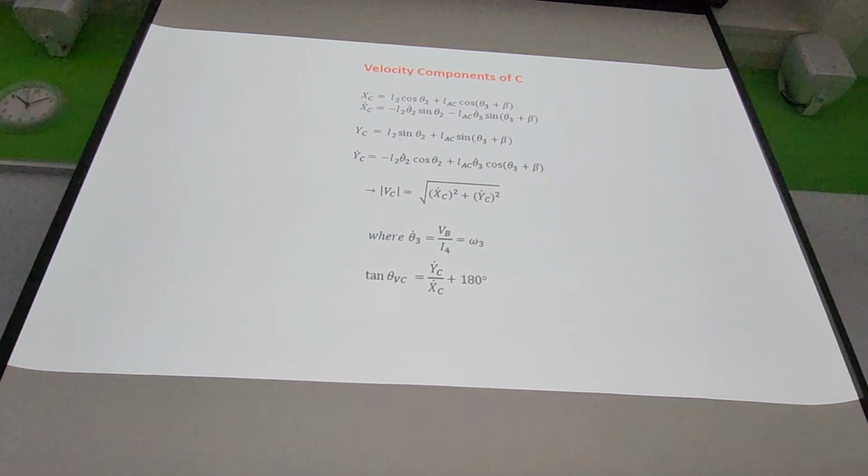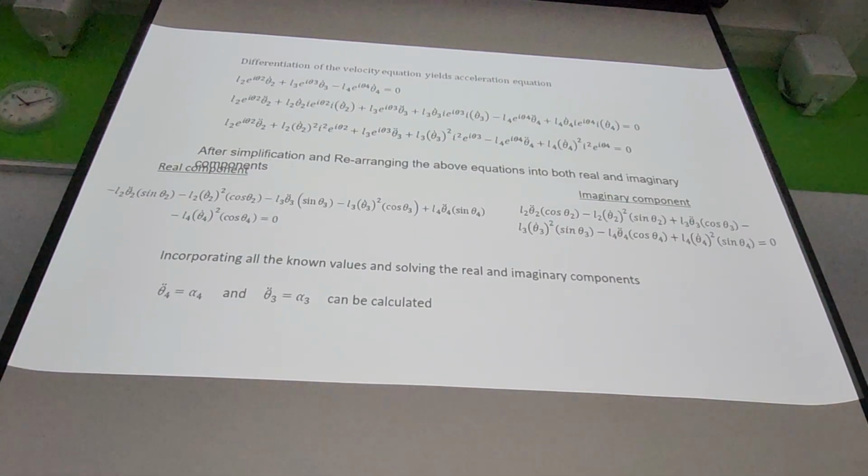X dot C you know from this. YC you need to calculate. Y dot C you need to calculate. Then you can calculate these. Alright. So there are a lot of equations you can see.